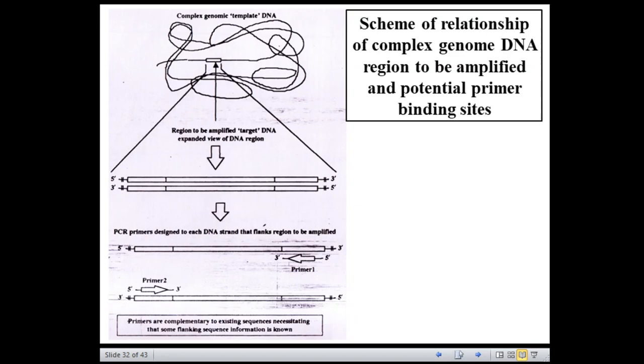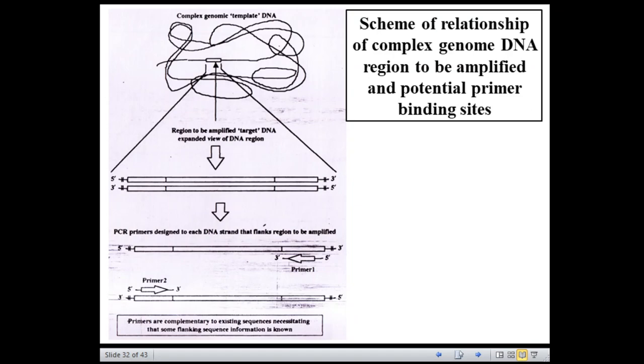From this information, two oligonucleotide primers can be chemically synthesized, because you know the sequence information flanking the target DNA. Then you design the primer, and the target DNA is amplified.